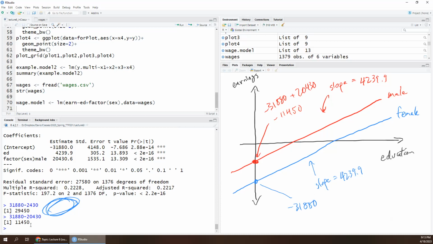The negative income is because it's out of the bounds of the analysis. You don't actually have anyone with 0 years of education within the data set. But this is essentially the example of how we would go about interpreting the results.